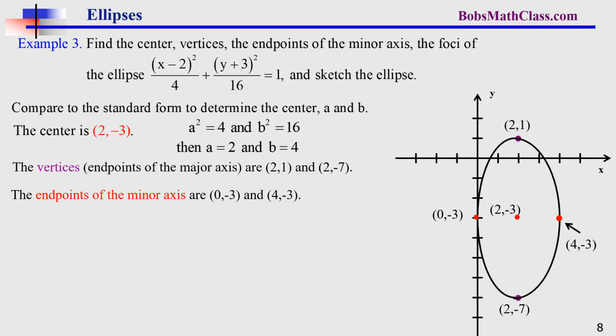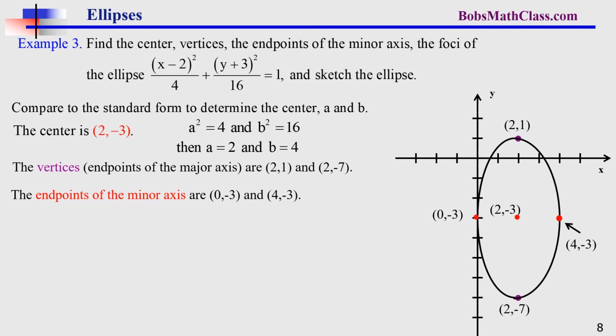And then we could see that the vertices are (2, 1) and (2, -7). Our endpoints are (0, -3) and (4, -3). The points that are furthest away from the center are your vertices. The other points are our endpoints.